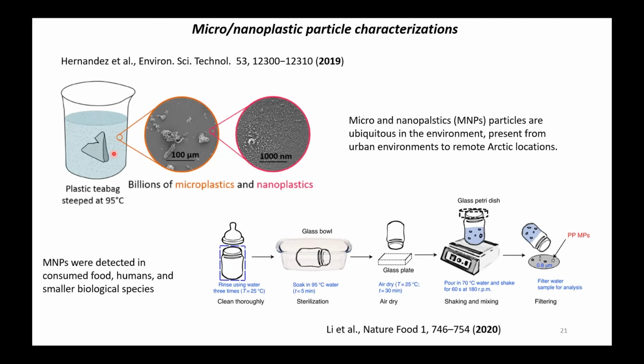There is an individual plastic tea bag that you can buy at the store, and we see it releases billions of microplastics into your drink, and this is a concern. Beyond this, it has also been shown that polypropylene bottles for baby formula feeding release lots and lots of these microplastics. So people are really concerned.